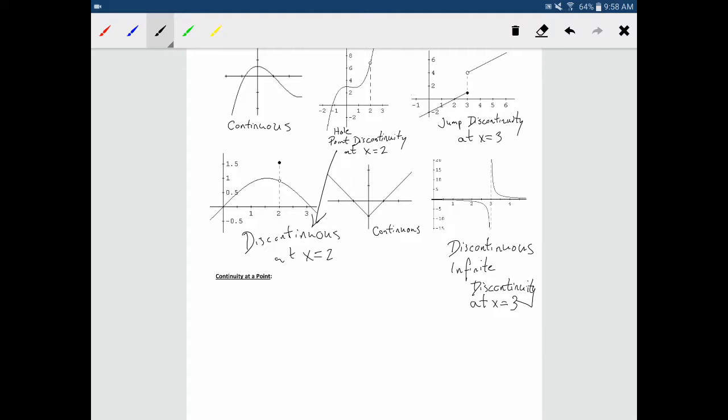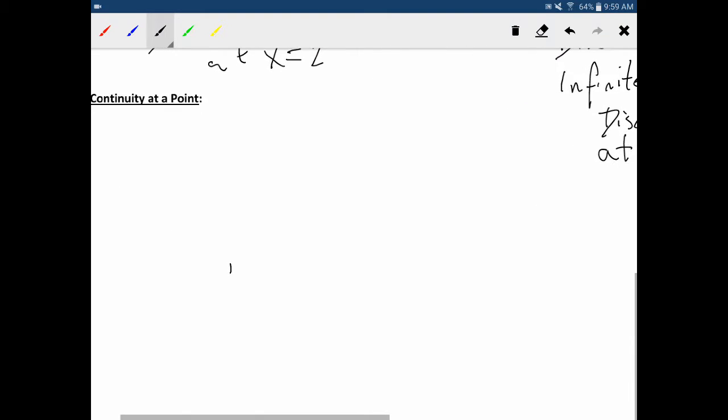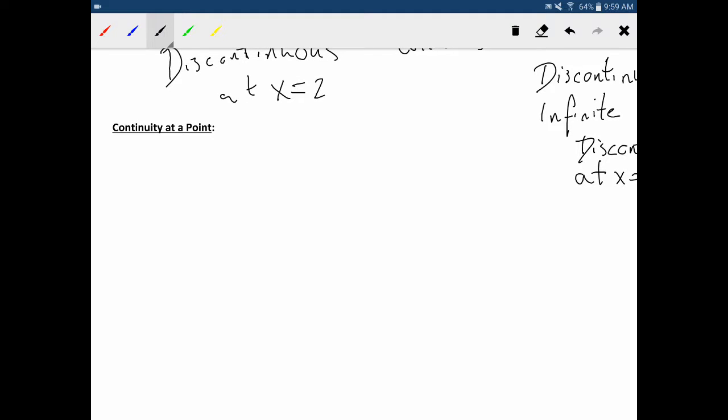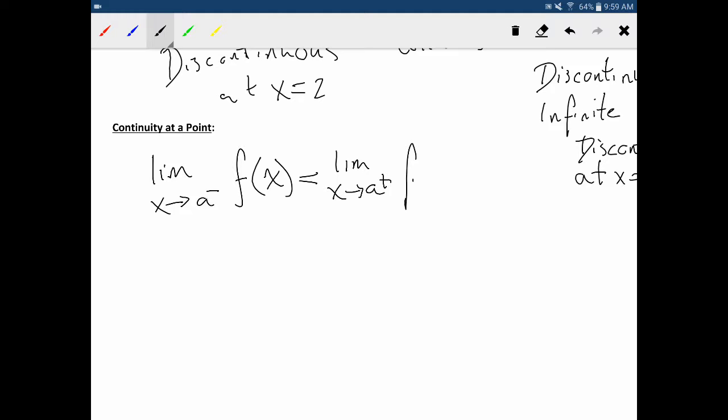Okay. So, in general, how do we know if something is continuous? What are the rules? Well, for a function to be continuous at a point, first of all, the limit as x approaches a from the left of the function must equal the limit as x approaches a from the right.